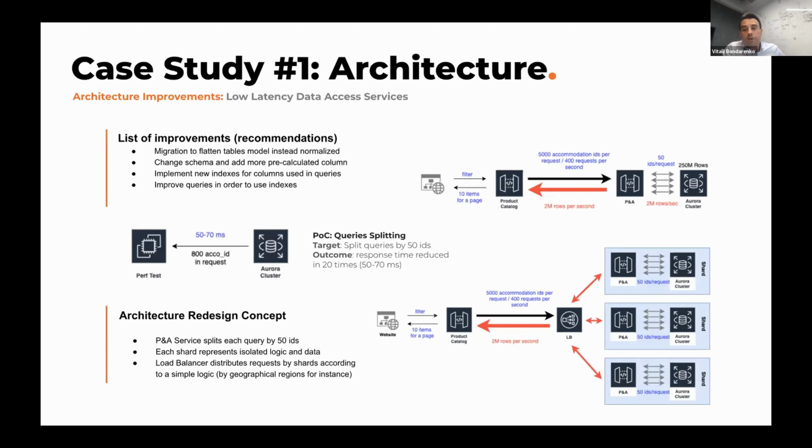Also, we made changes in the architecture. After a series of POCs, we understood that the main problem was the size of each request. In the worst scenario, a request could contain 4,000 accommodation IDs, which made the queries really huge, and even parsing those queries and creating the execution plan took longer than 1 second, which was absolutely unacceptable according to the requirements we had.